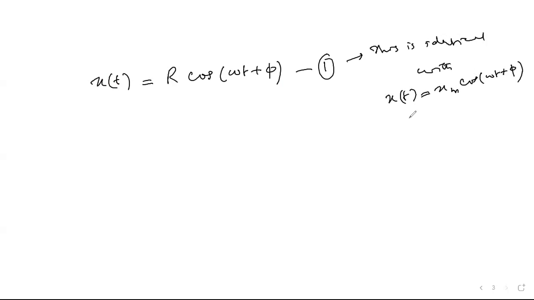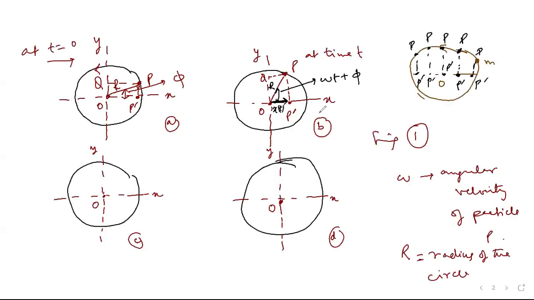Only one thing is different. What is different? Instead of xm, we have r in this equation, right? That means this projection of P on the x-axis, which is P prime, executes simple harmonic motion along the x-axis.